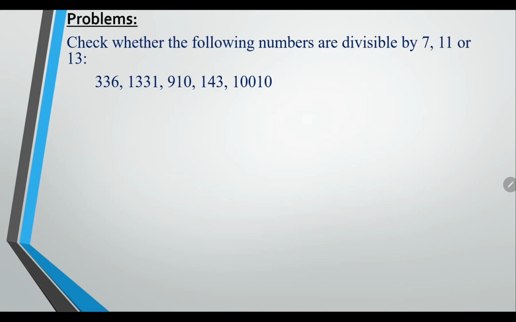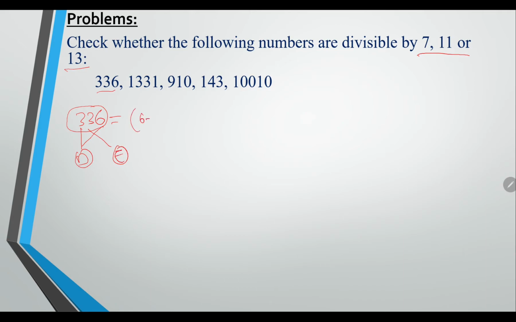And next, let's see some problems related to the previous topic. Check whether the following numbers are divisible by 7, 11 or 13. Now let's consider the first number, 336. While placing the digits, we get that 3 and 6 will be the odd places and 3 will be in the even place.